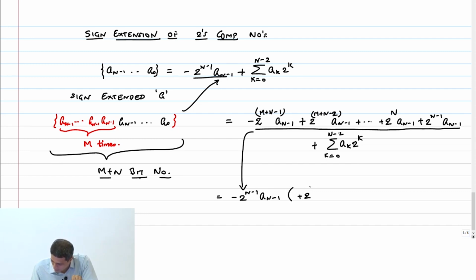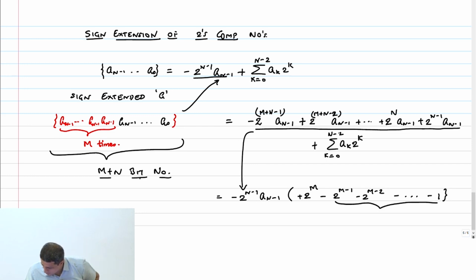That is, plus 2 power m minus 1, minus 2 power m minus 2, all the way down to minus 1. What is this summation equal to? This summation is 2 power m minus 1.